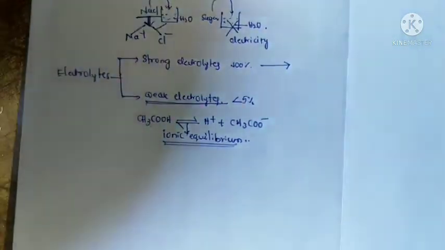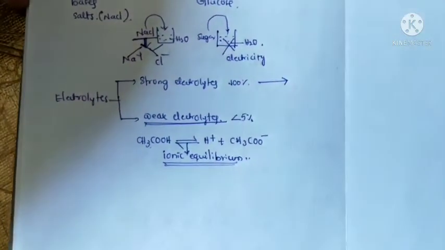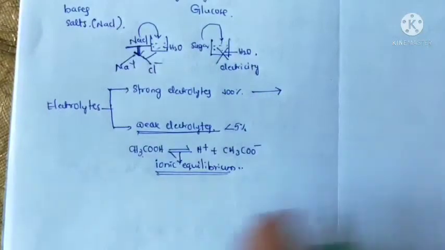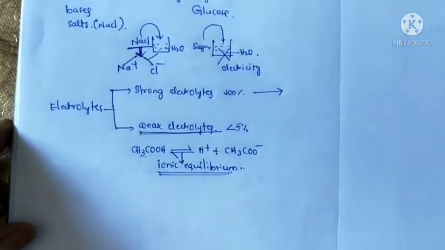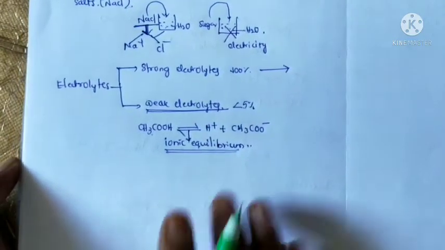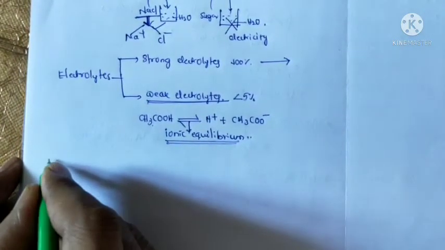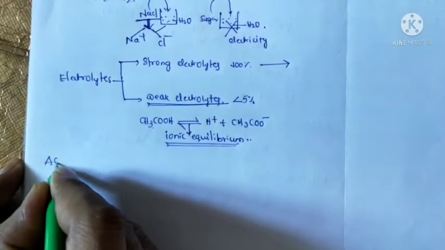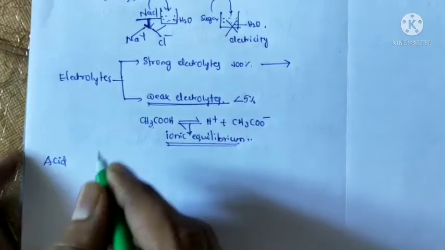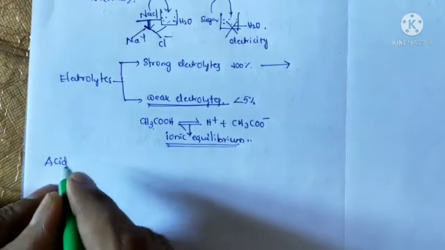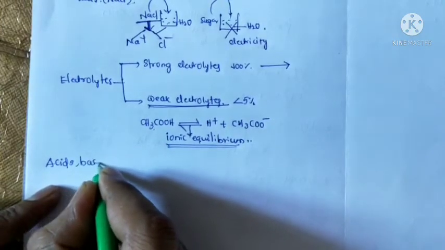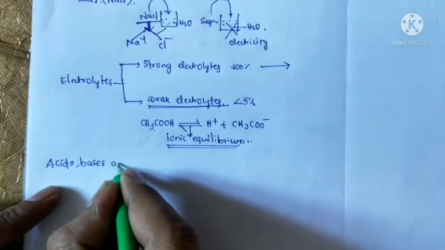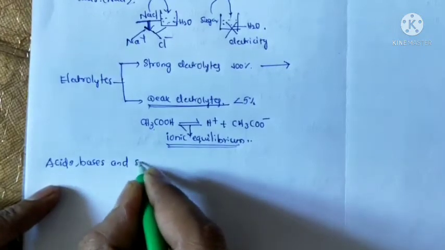This is the general definition, or general understanding of the concept of ionic equilibrium. Now, further, a very important concept: acids, bases and salts.